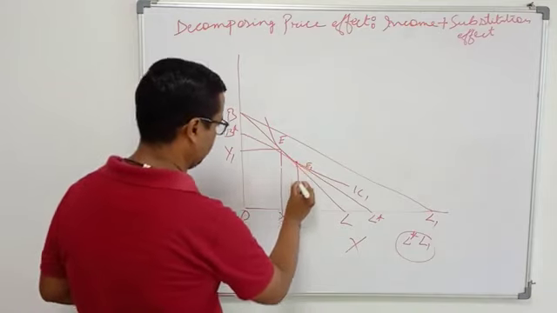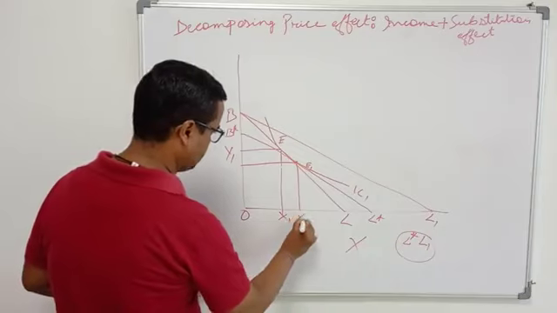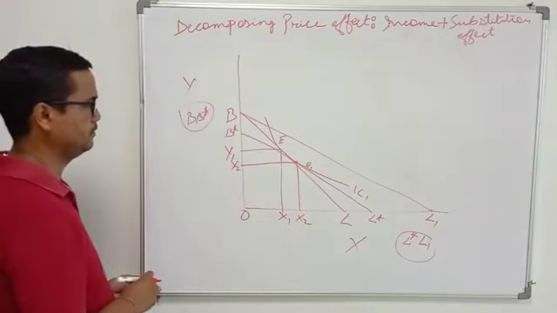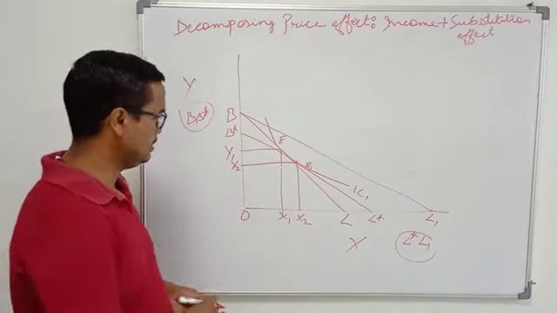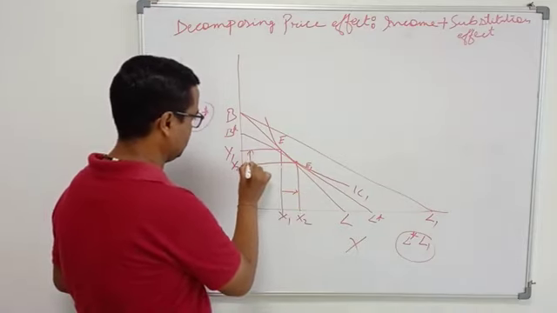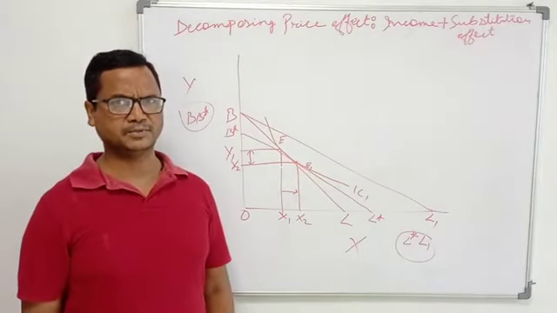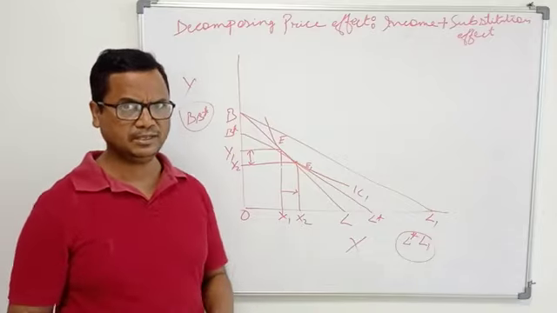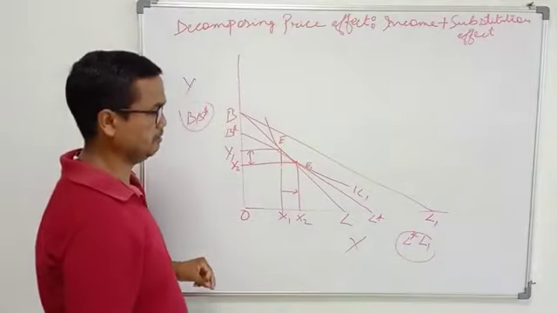At this point the consumer will purchase OX2 of X commodity and OY2 of Y commodity. Remember, there is an increase in consumption of X commodity and a reduction in consumption of Y commodity, because there is a change in relative prices while the real income remains constant. That's why we are bringing BL1 to the left side of BL1.